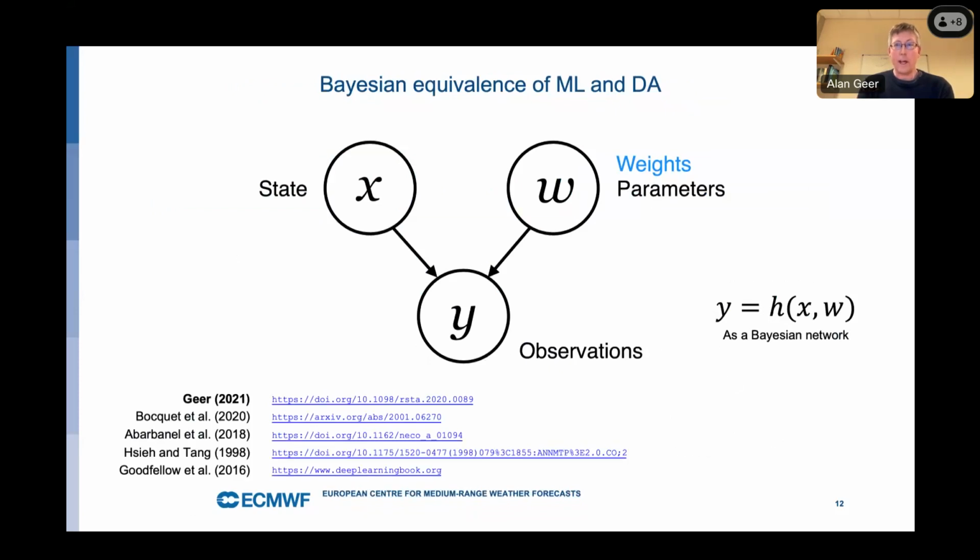Well, this is a Bayesian network, which I'll explain over the next couple of slides, but just ignore that for the moment. And just think about the three different basic variables involved in machine learning training or data assimilation.